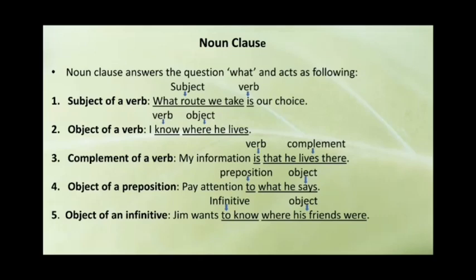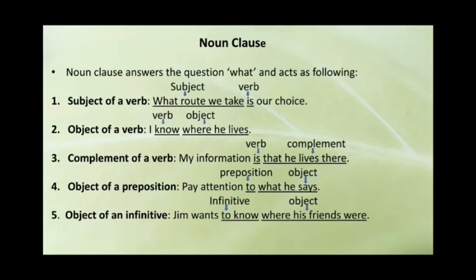Next one, third one, complement of a verb. Now children, what is a complement? It can be either a direct object or an indirect object. Let's see the example: My information is that he lives there. Now in this sentence, what is the verb? Is is the verb in this sentence.